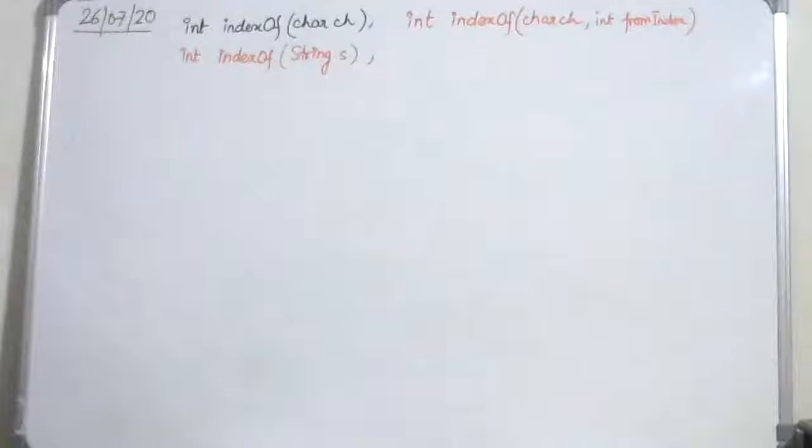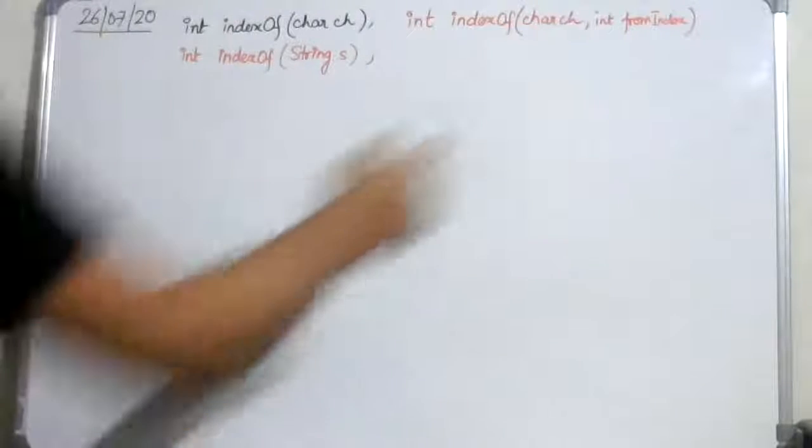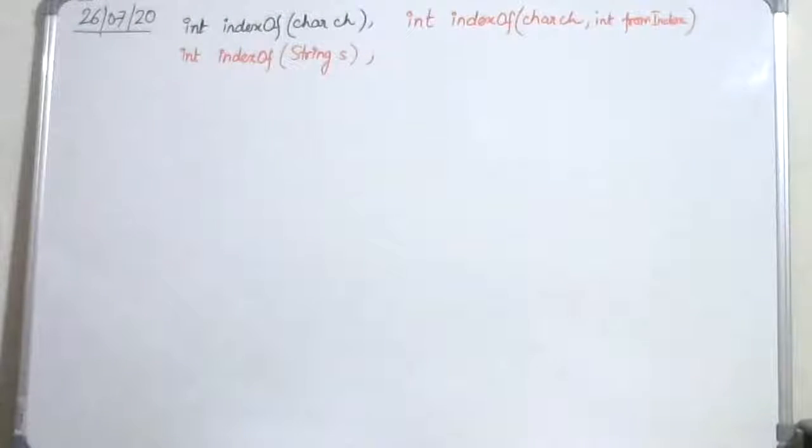But let's say you want to start searching from the 5th index of the string. In that case, you will specify 5 here as the second argument to indexOf, and it will start searching from the 5th index of the string.